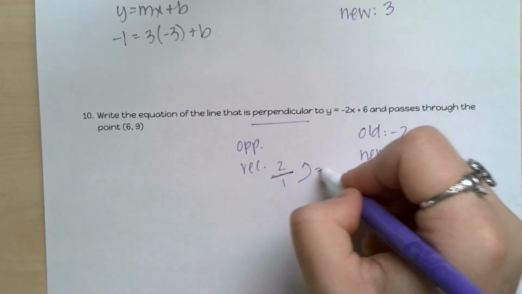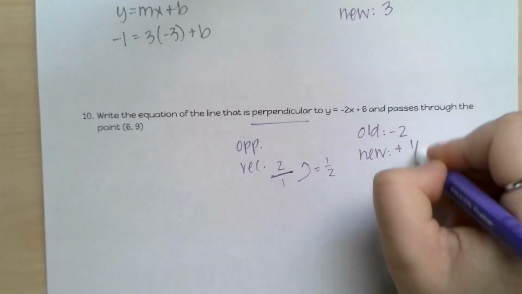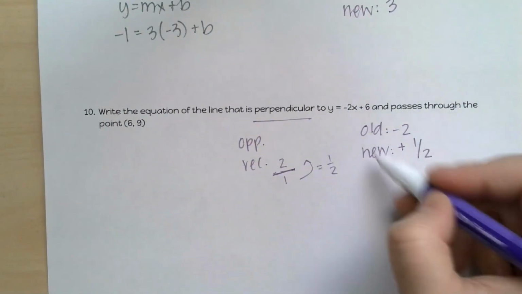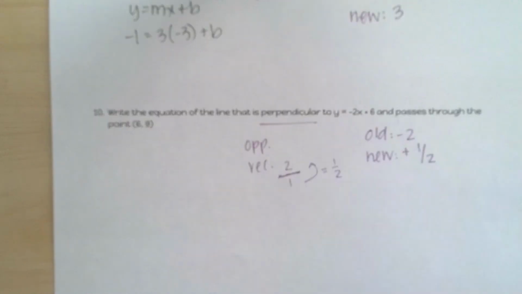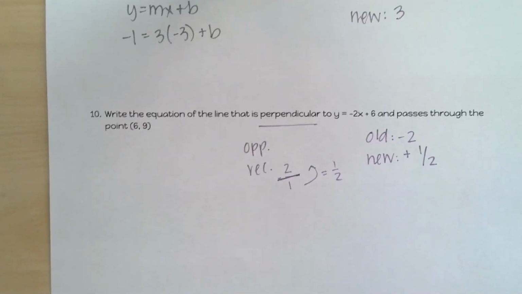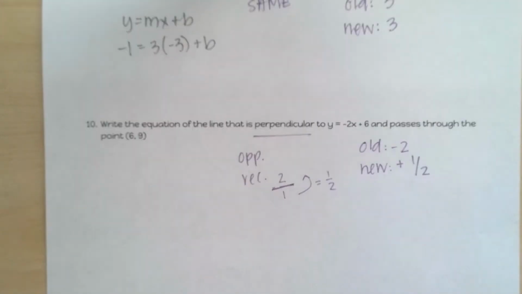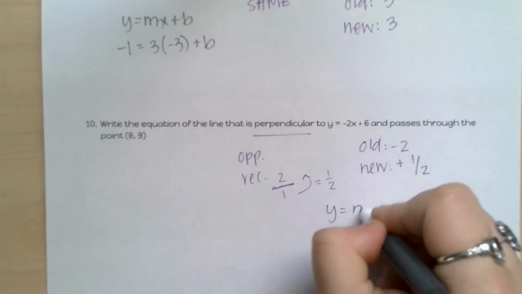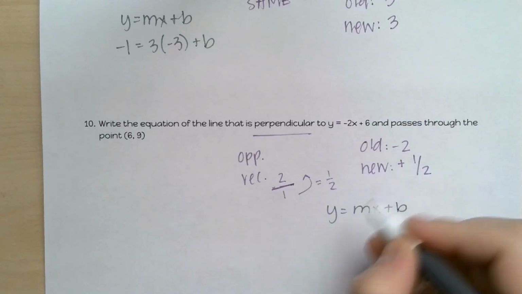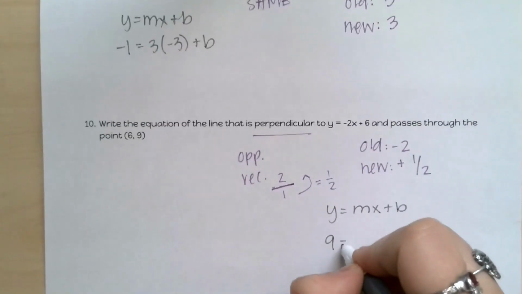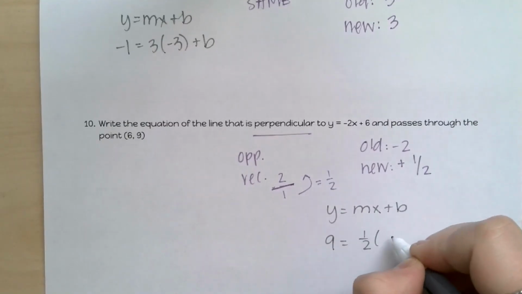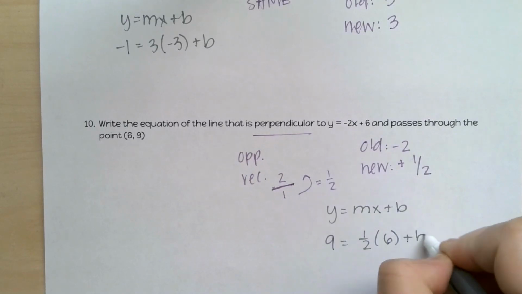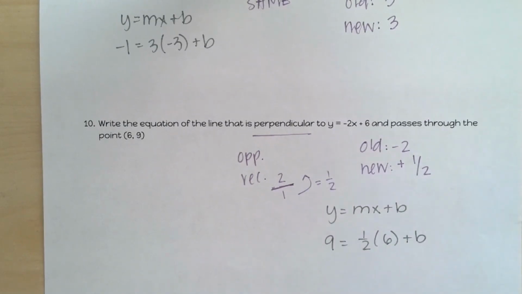Flip that fraction, and you get 1/2. So our reciprocal, our perpendicular slope, would be a positive 1/2. And then same thing we just did for parallel. You plug in your new slope and your ordered pair into y equals mx plus b form, solve for b, and then write your equation.